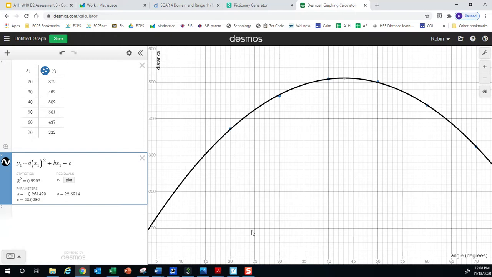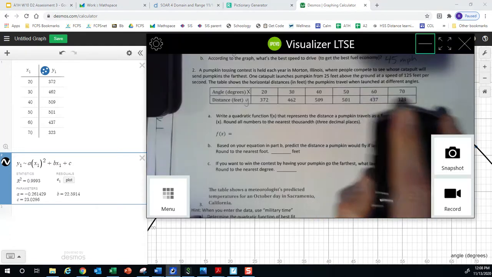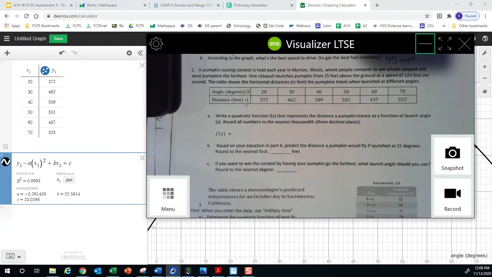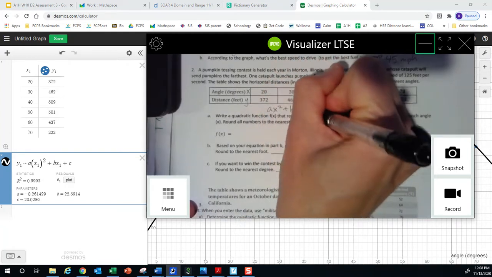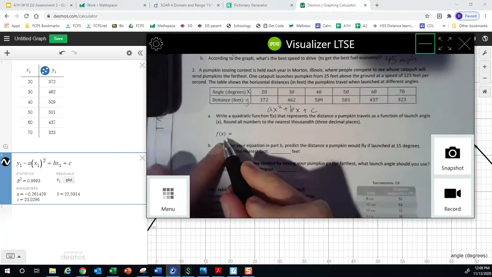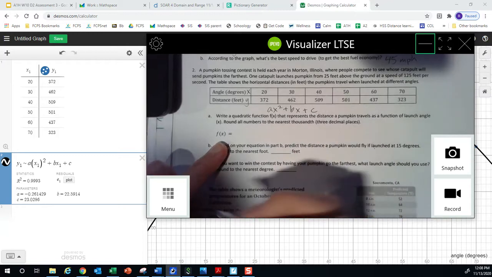Okay, we're going to use A, B, and C to help us build this equation. Just like the first one, it takes the form ax squared plus bx plus c. I'm using f of x instead of y equals; it's essentially the same thing.